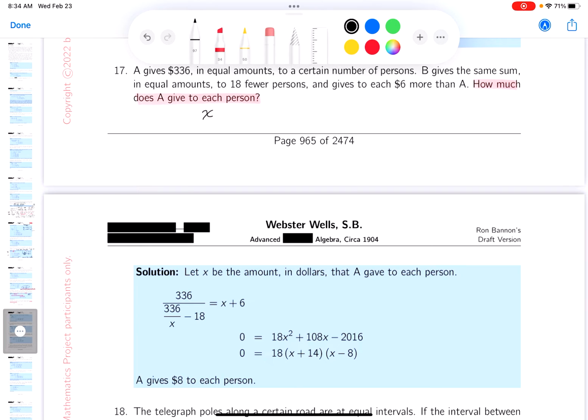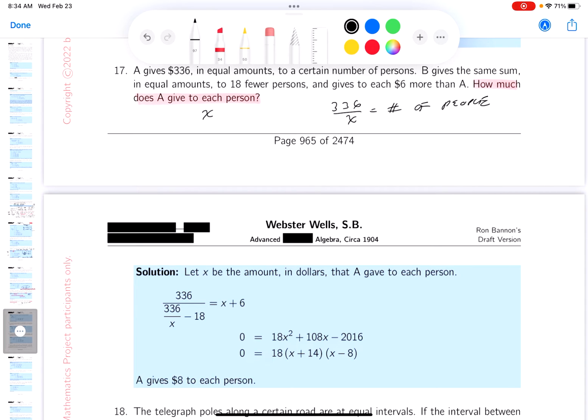I'm going to say 336 over X would be the number of people. Again, it might not go anywhere, but I'm reading it. A gives $336 in equal amounts, so the amount given to each person is X, to a certain number of people. So now I know how many people there are, and that's 336 divided by X.